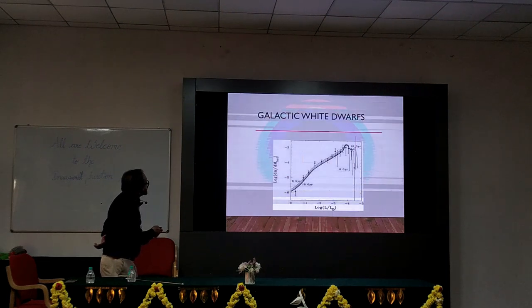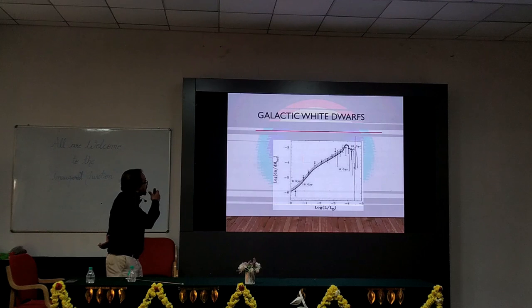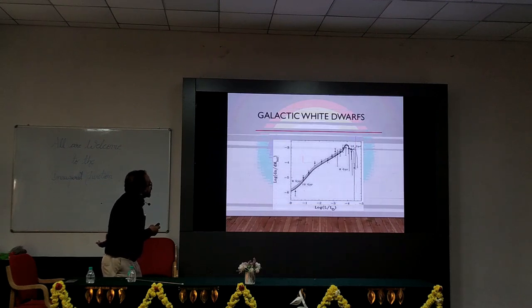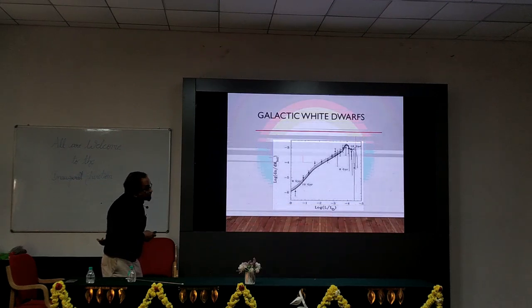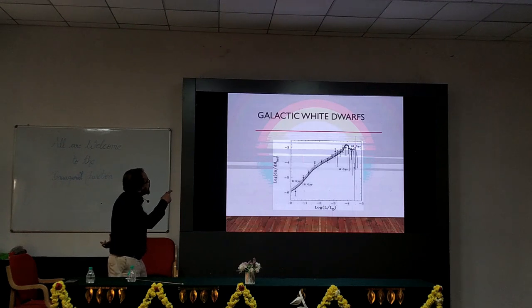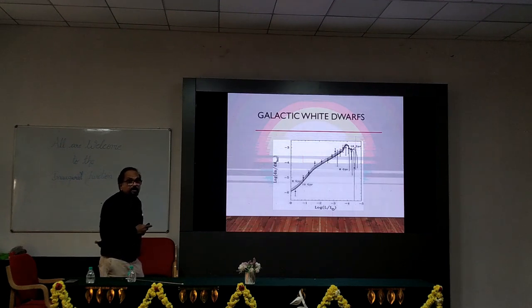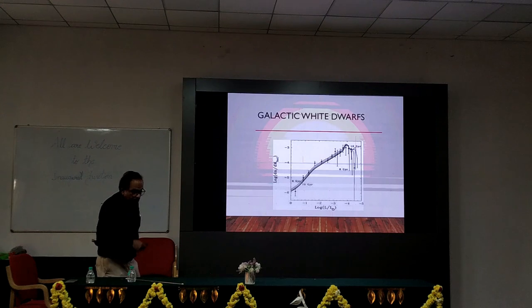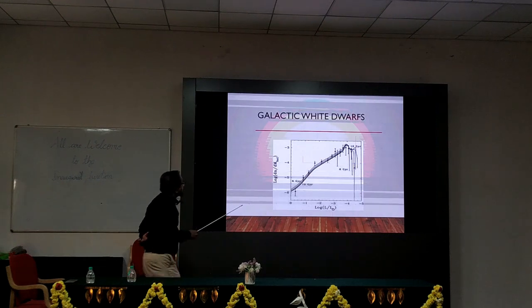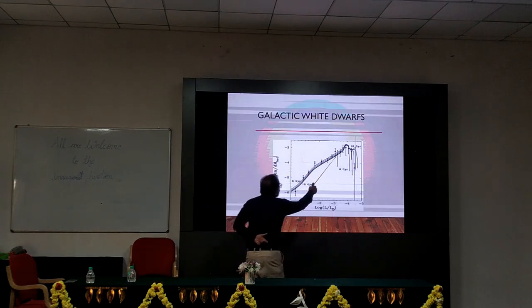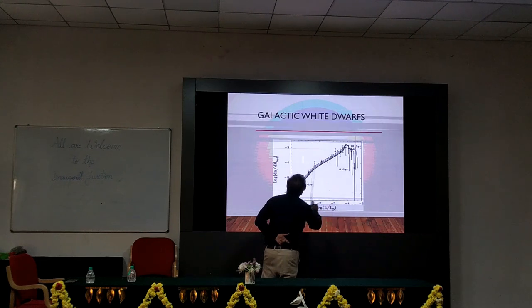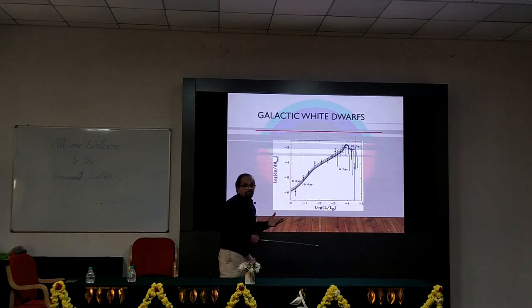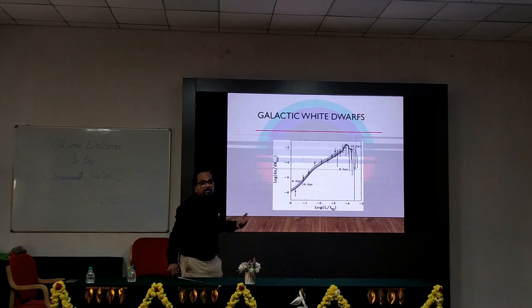Okay, so people have also estimated the distribution of white dwarfs as a function of luminosity. People are trying to use this as an estimate of the age of the galaxy, because if there's a sudden fall in the number distribution of white dwarfs, that means there were no white dwarfs previous to that particular age.